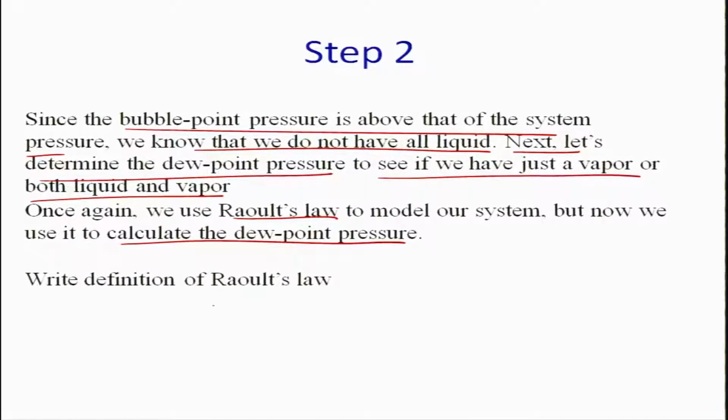Okay. So, we are going to write again the same way, Py1 equals x1 P1 sat, Py2 is equal to x2 P2 sat, but then we will get rid of x here. Okay. So, Py1 by P1 sat is equal to x1, okay, and Py2 by P2 sat is equal to x2, and x1 plus x2 is equal to 1.